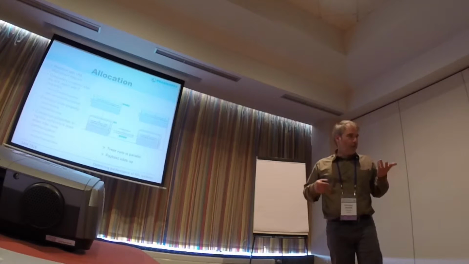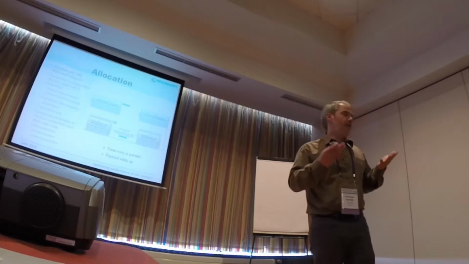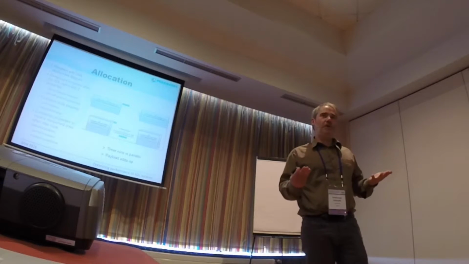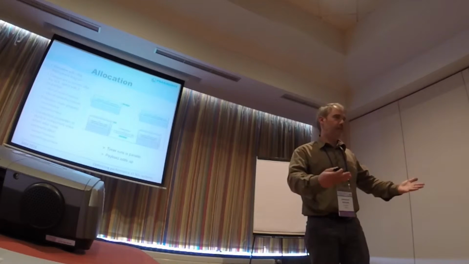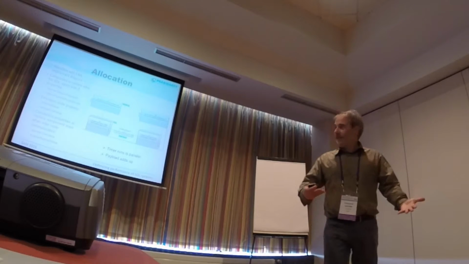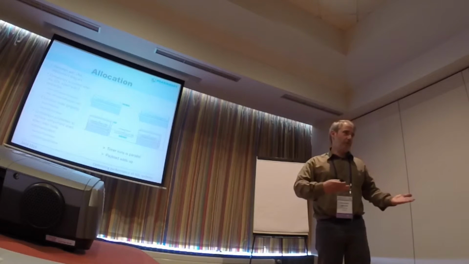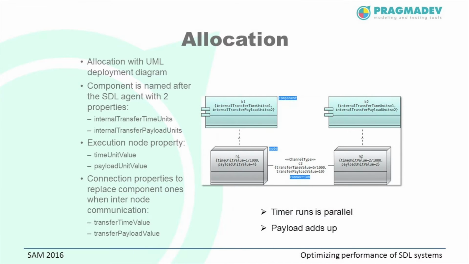Then comes the question for the allocation. I said there's nothing in SDL that talks about allocation. So where do we run the blocks? That's the problem. Okay. So we didn't want to make up a new diagram, so we do use the UML deployment diagram and say, okay, we have the concept of nodes and components.